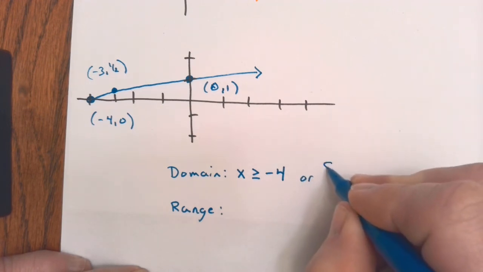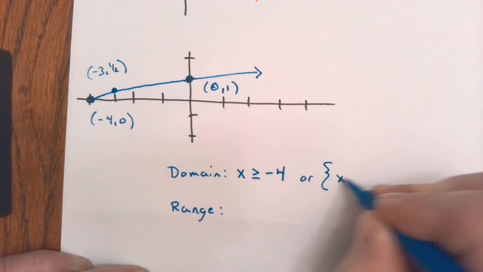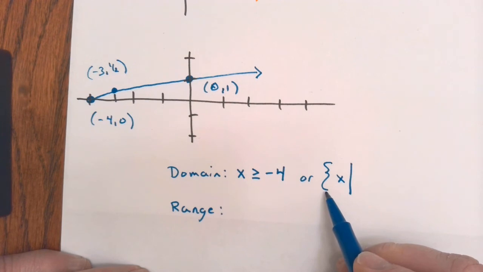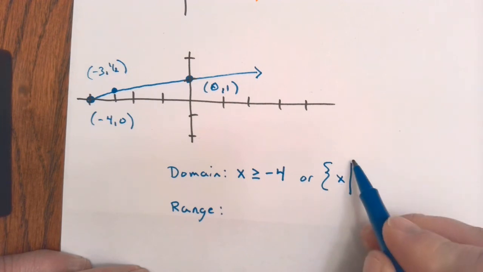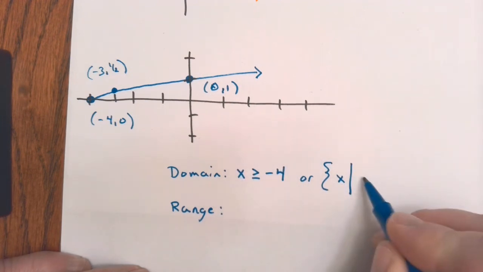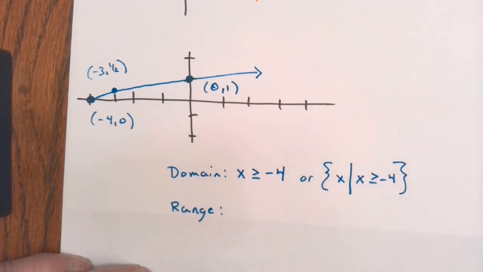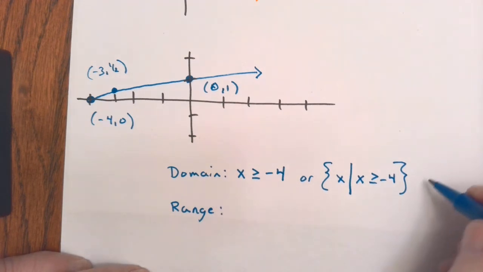Some textbooks use set builder notation. Set builder notation starts with a wavy bracket, then your variable, and then a vertical line, and then they copy that inequality down, and then close that off with another wavy bracket. They say the same thing, just in 2 different forms.